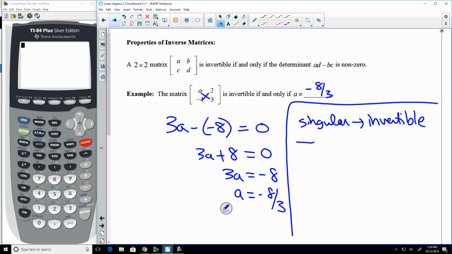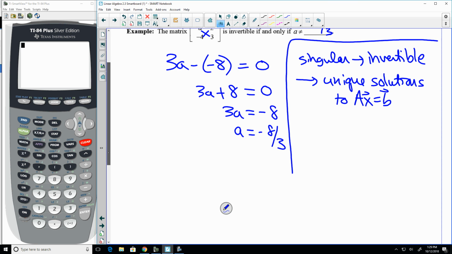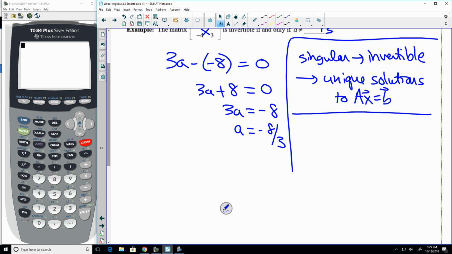And if it's invertible, that means you get unique solutions to AX equals B. Non-singular means it's not invertible.